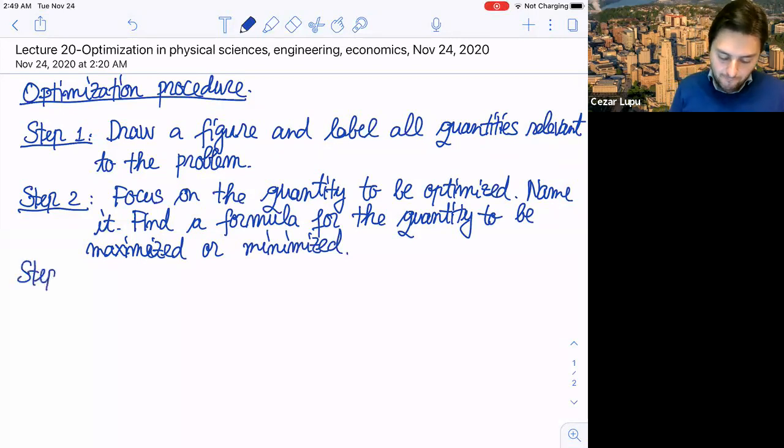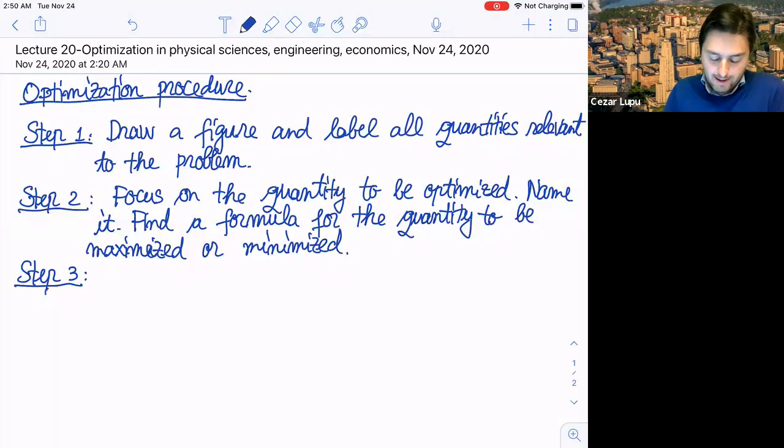In step 3, we would like to use the conditions in the problem to eliminate variables in order to express the quantities in terms of a single variable. Because you will see that we'll have more variables, and once we know some relationships between the variables, we can express everything in just one single variable, which is exactly what we want to do.